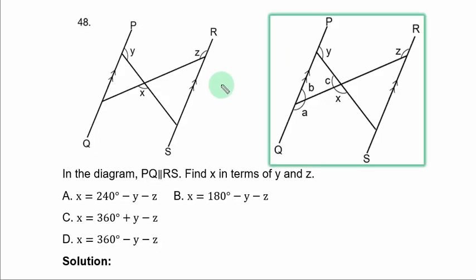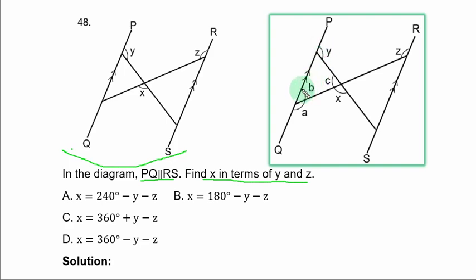Question 48. In the diagram, PQ is parallel to RS. Find x in terms of y and z. This is the diagram. In order to find x in terms of y and z, we need to do some adjustment. Of course, y is here, y is here.